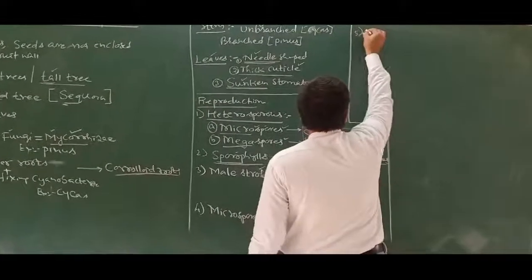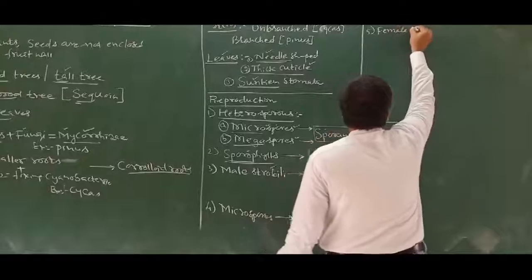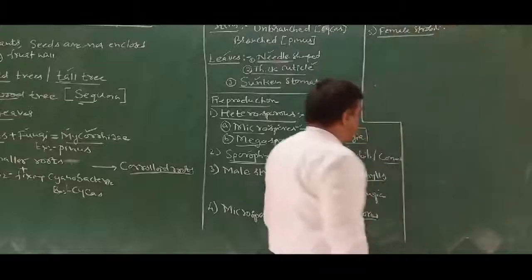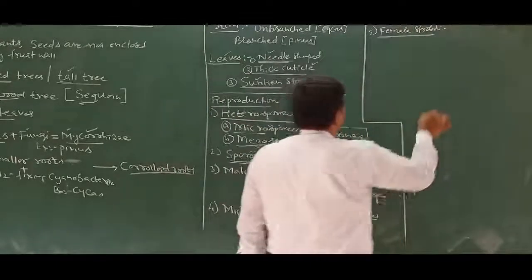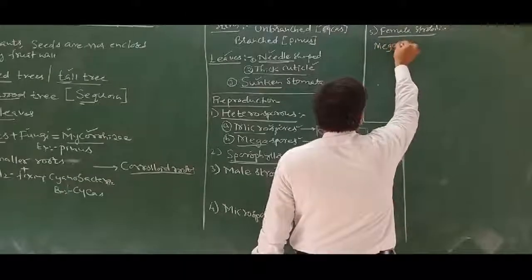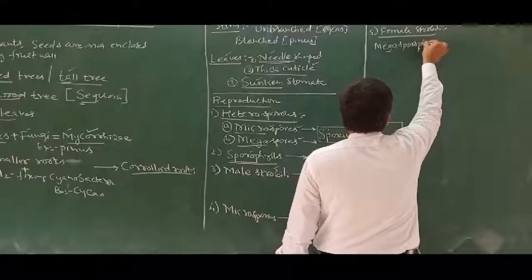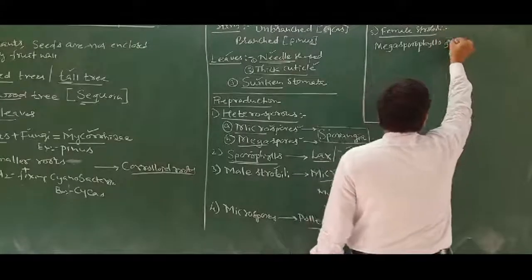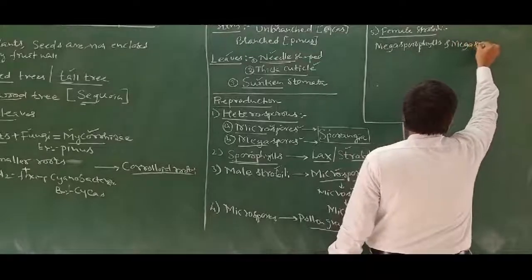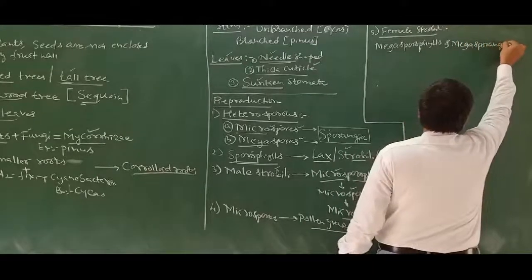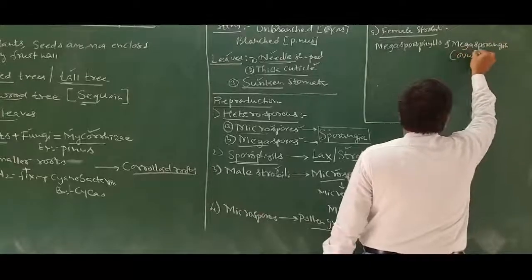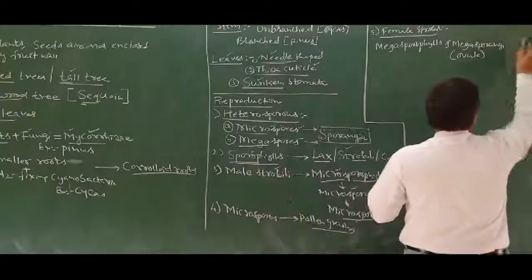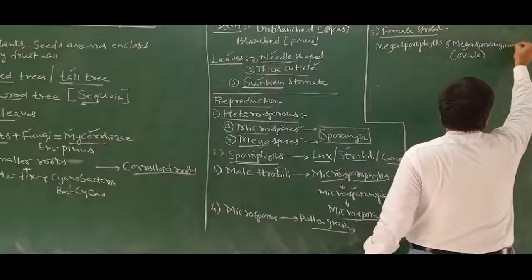Regarding the female cone or female strobili, it is made up of megasporophylls and also megasporangia, which is also called an ovule. Megasporangium is the singular.